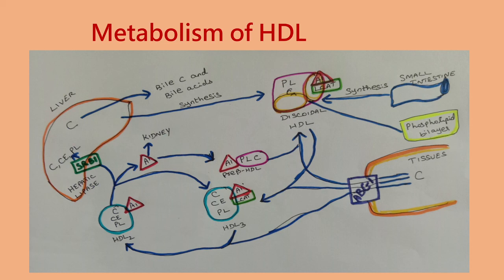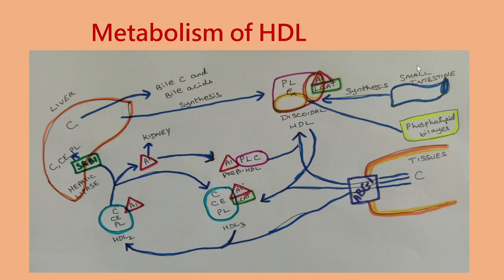The higher the plasma HDL cholesterol, the lesser the incidence of coronary heart disease. This is the reason why we call HDL cholesterol good cholesterol. Atherosclerosis and coronary heart disease are directly correlated with plasma LDL cholesterol, whereas they are inversely related with plasma HDL cholesterol.